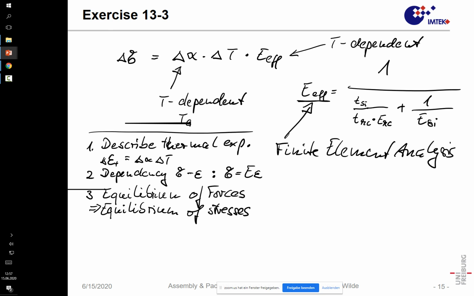So that's in some way how finite elements also works. It just sums up all strains in all elements, and also that sum of all stresses should be zero, and that's equivalent to the sum of all forces is zero. Okay, and the third is it's a continuous body.